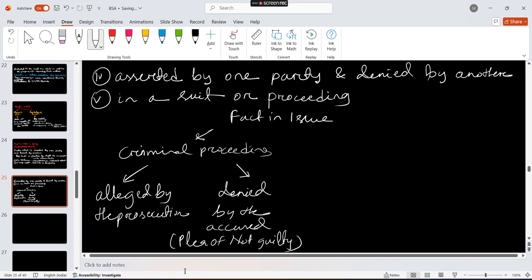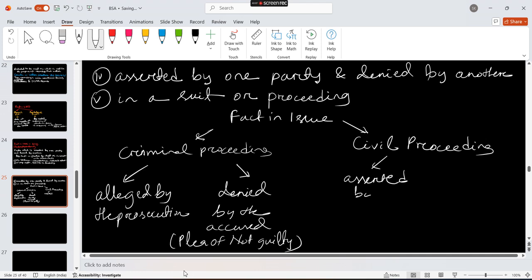So that's why in criminal proceedings, remember, the fact in issue is alleged by the prosecution and denied by the accused person. But in civil cases what happens? It is asserted by the plaintiff and then denied by the defendant.